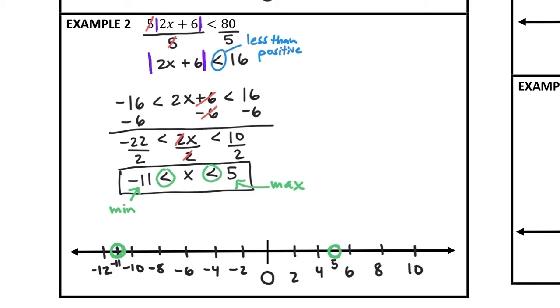So I'm going to shade everything in between these 2 numbers. Okay, and that's my answer.